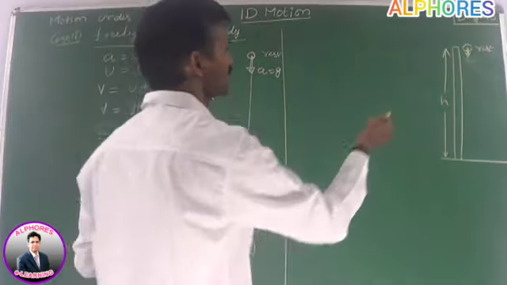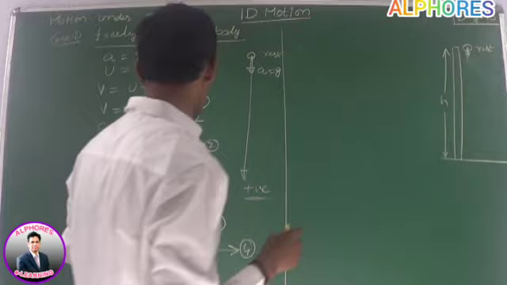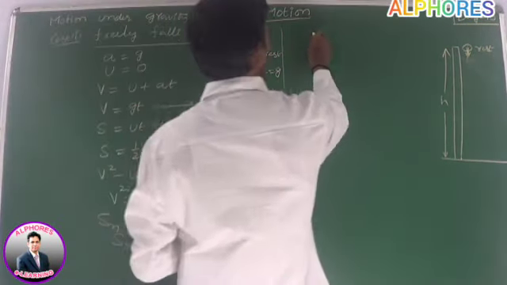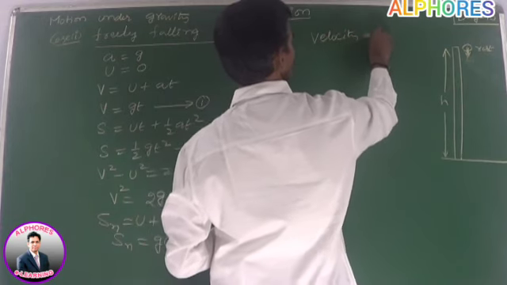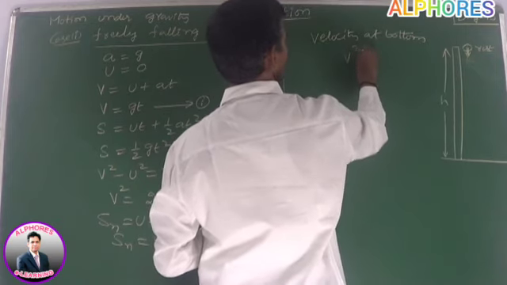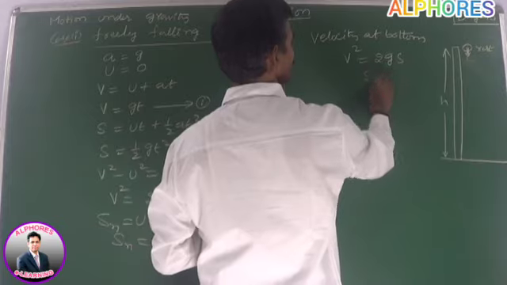To find the velocity when it reaches the bottom, I am using the third equation, v square is equal to 2gs, where s is equal to h.